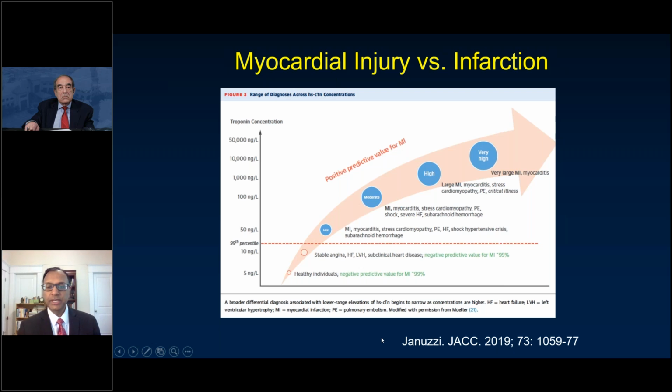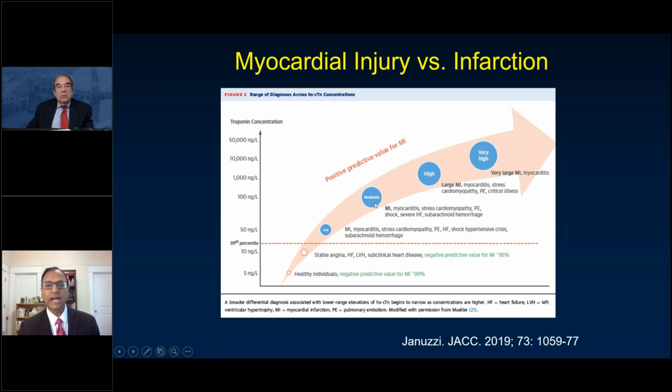Dr. James Januzzi has published a nice paper in JACC about implementing high sensitivity troponin. This is one picture from his article where it shows levels of troponin and the 99th percentile for his particular assay at his hospital. It shows that when you're at lower levels of troponin, your differential diagnosis for elevated troponin is quite broad.